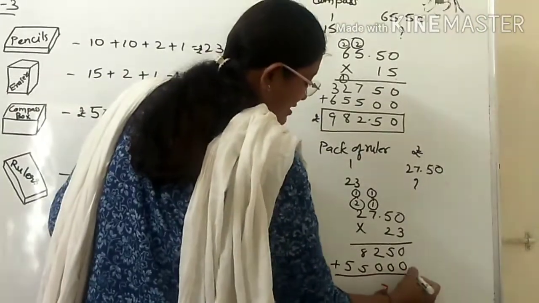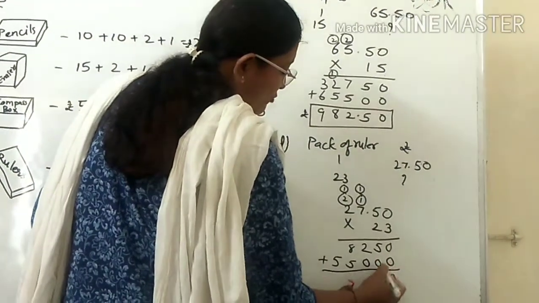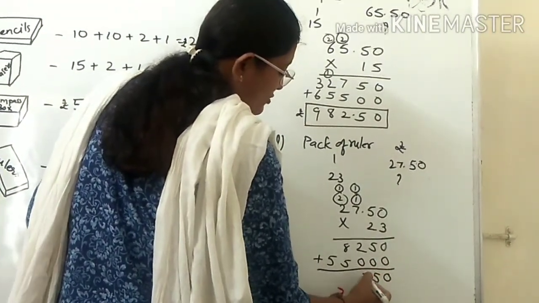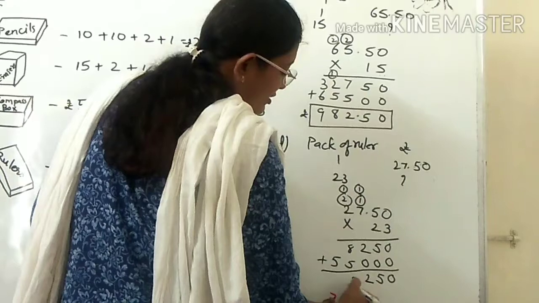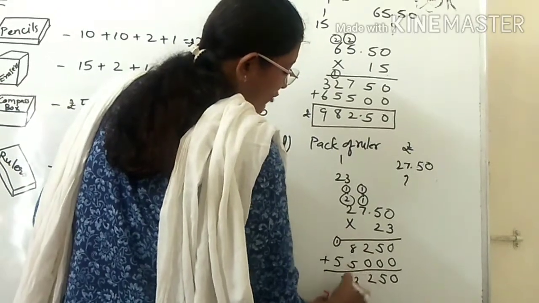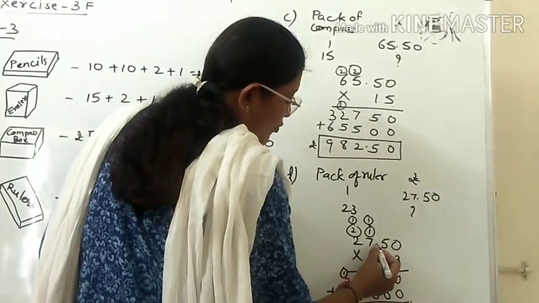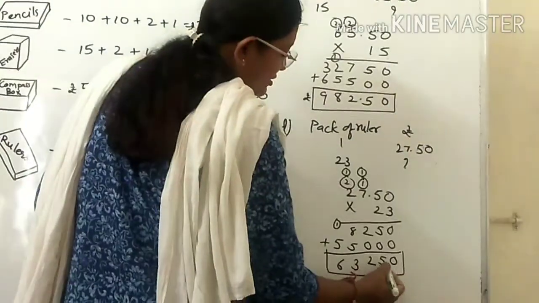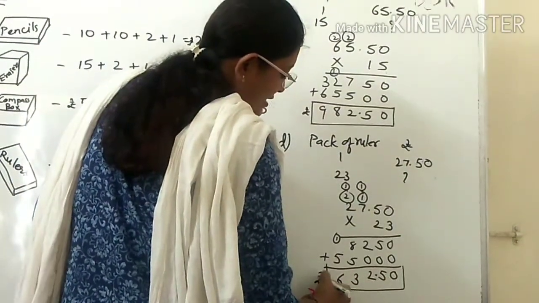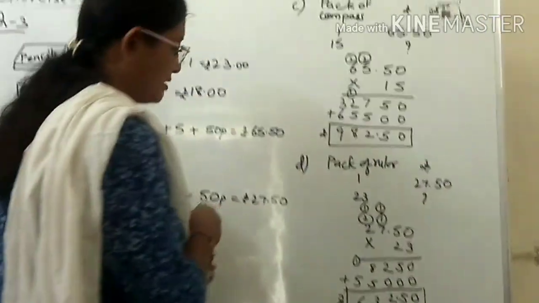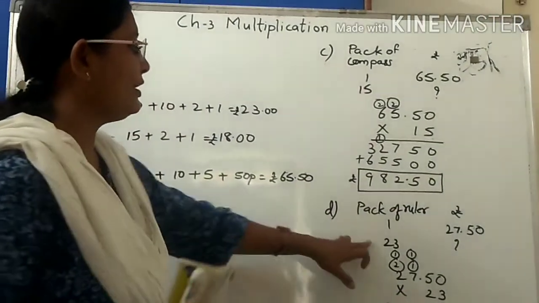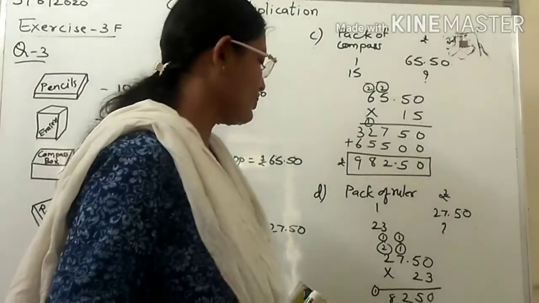Now add this. 0 plus 0, 0, 5 plus 0, 5, 2 plus 0, 2, 8 plus 5, 13, 3, 1 carried over, 5 plus 1, 6. Once again, after the point 1, 2, so from back side 1, 2 and keep the point. Your answer is rupees 632.50. 23 packets of ruler will cost rupees 632.50.